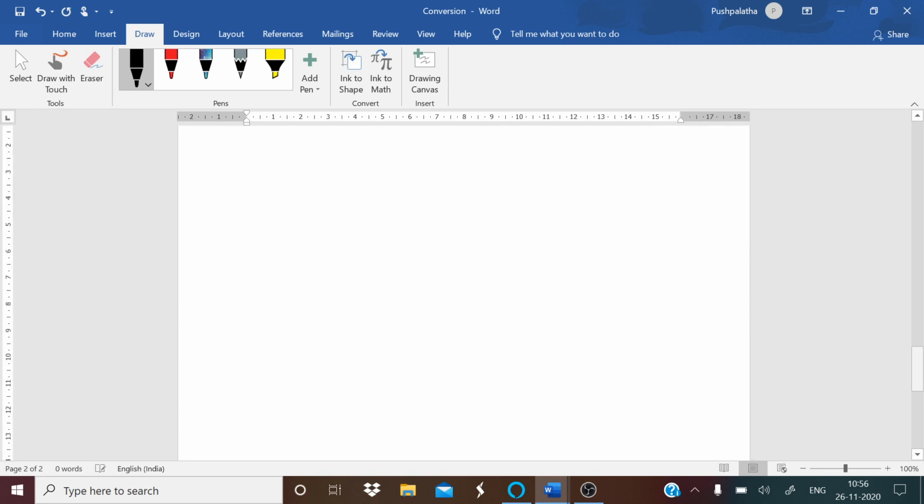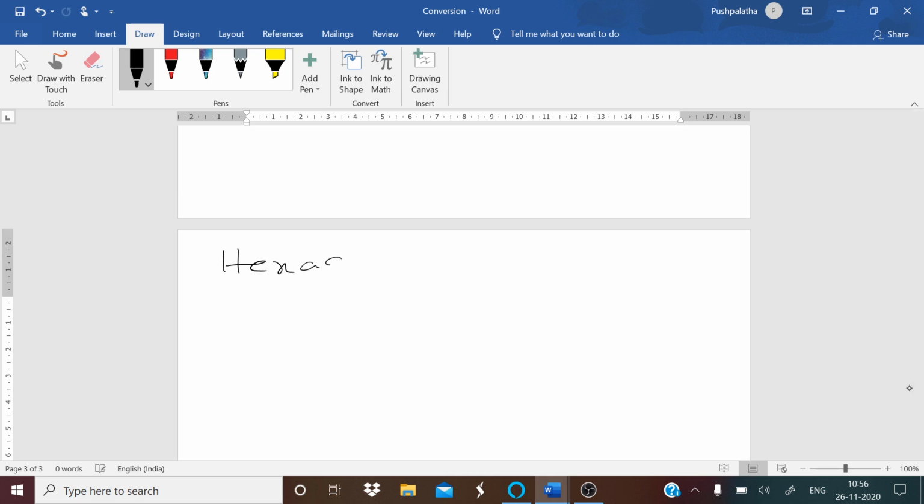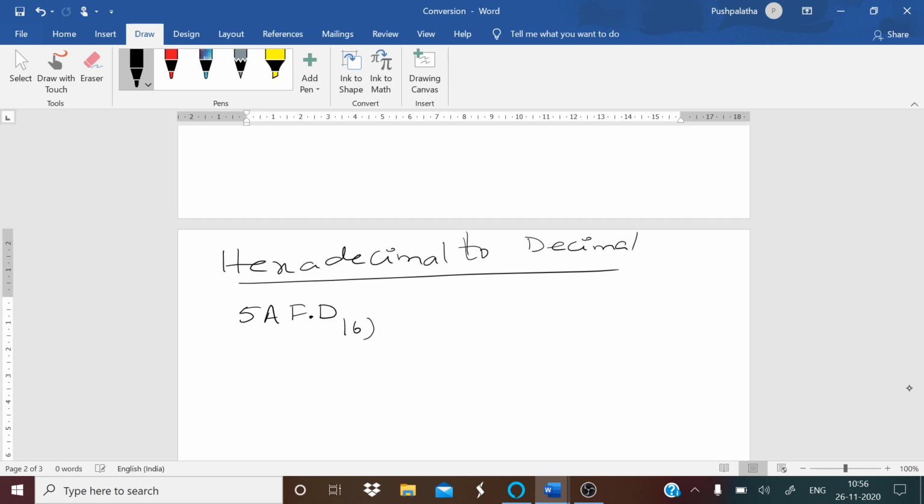Now let us, in the same way, go for hexadecimal to decimal. Consider a number 5AF.D to the base of 16 to be converted into base 10. As we said in the last session, hexadecimal means you have numbers from 0 to 9 and from 10 to 15.